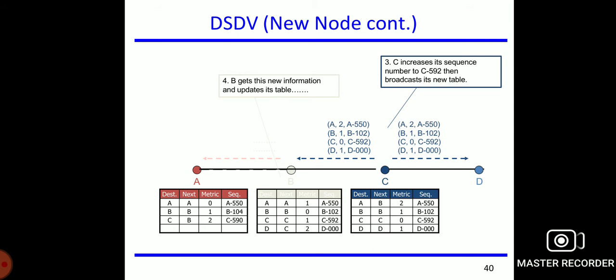This is a path matrix, the distance of the path matrix. C increases its sequence number to C592, then broadcasts its new tables.